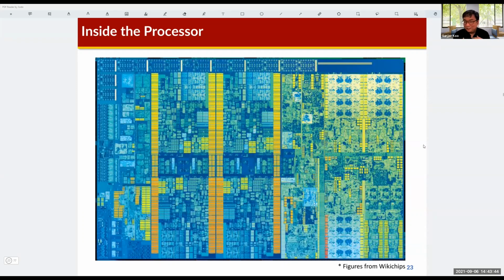And if we mention the semiconductor industry, then we can frequently see figures like this. This is called the die, not kill. It's a die photo of the Intel i7 CPU.